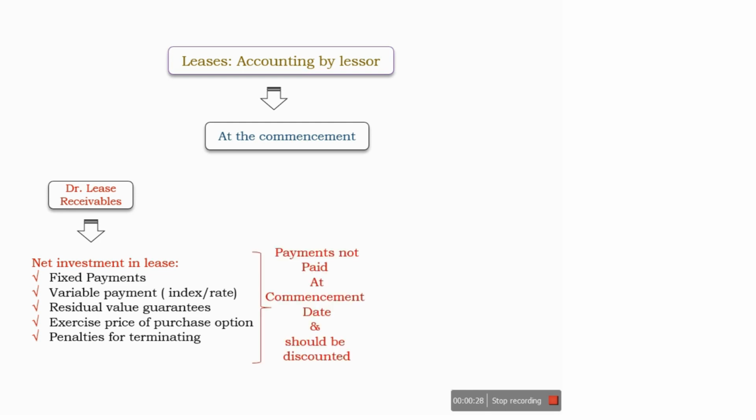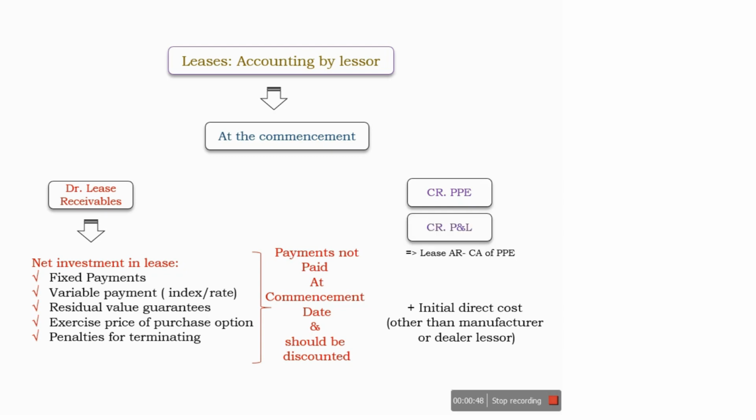If you see, these are payments that are not paid at the commencement date and should be discounted. The net investment will include the initial direct costs other than by a manufacturer or dealer lessor. On the credit side, it will recognize the PPE, and the difference will be recognized in P&L for lease receivable and carrying amount of PPE.